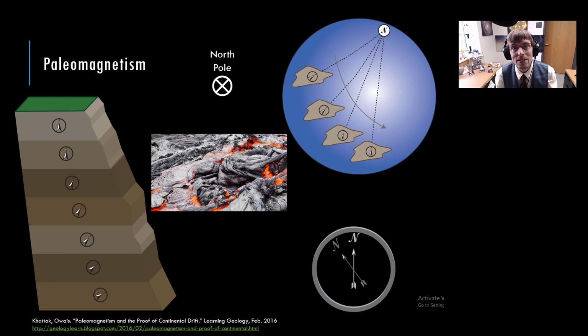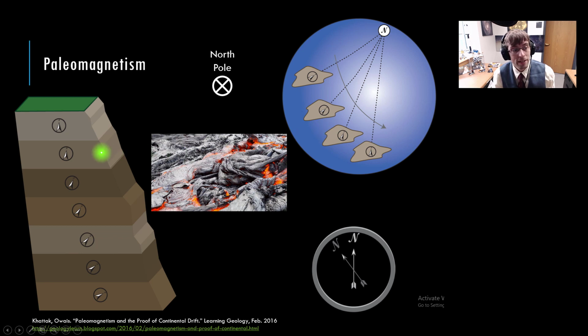Paleomagnetism. What this allows us to do is consider the location of a landmass, okay, with respect to the North Pole, and the iron filings lock into place. Sometime later, say millions or tens of millions of years later, that landmass has shifted, a new layer of iron gets deposited, creates a new layer of rock, and those iron filings lock into place.